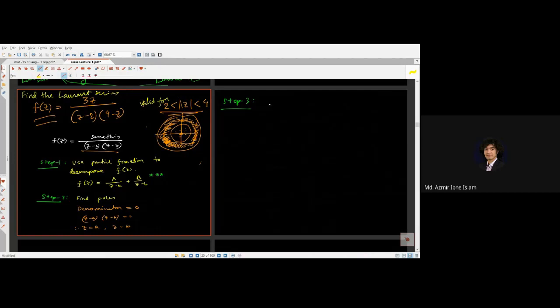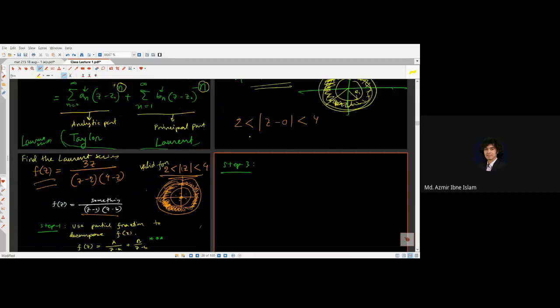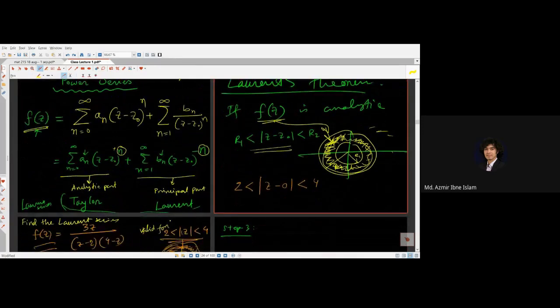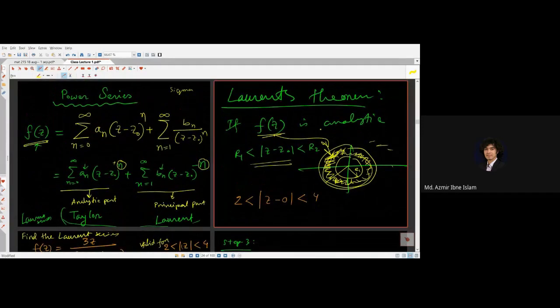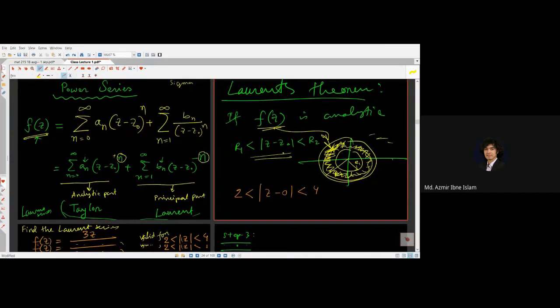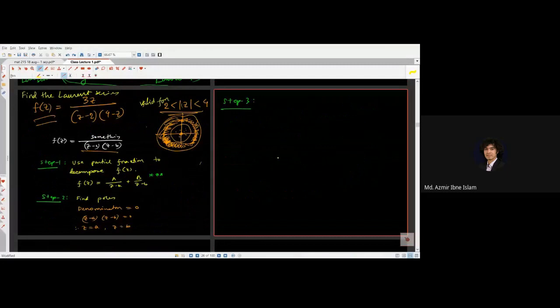Okay, so based on that region we can find the Laurent series, because if the region is not given, then it will not follow Laurent's theorem, because in Laurent's theorem we will get this type of regions. So that's why the region will be given in your question. So one thing you have to note down is that for every pole there must be a given region.